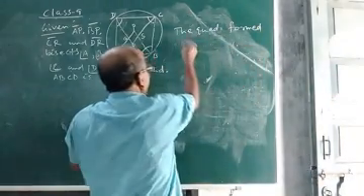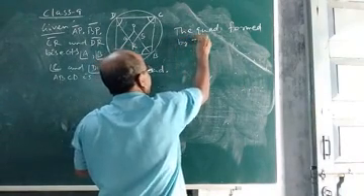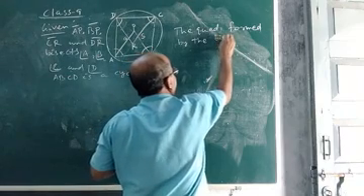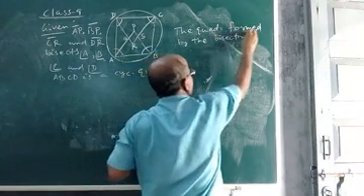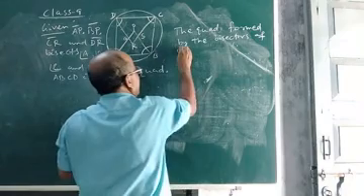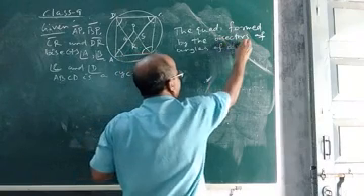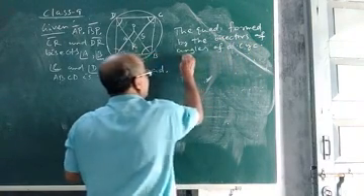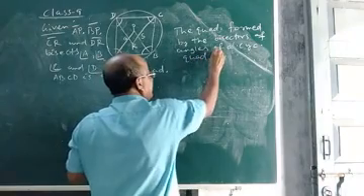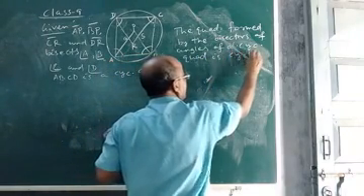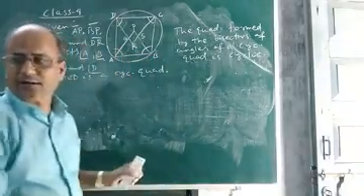The quadrilateral formed by the bisectors of angles of a cyclic quadrilateral is cyclic. Try to understand.